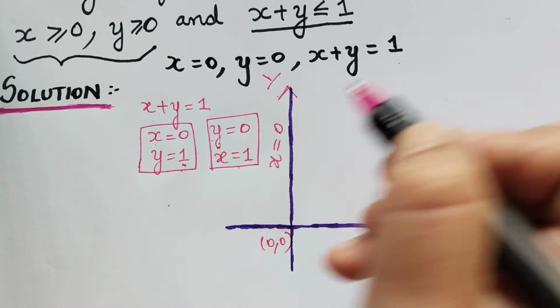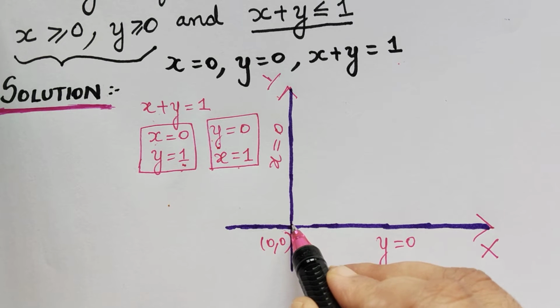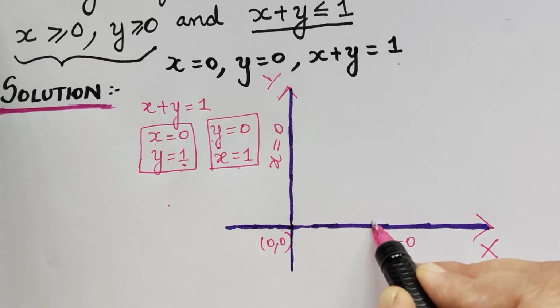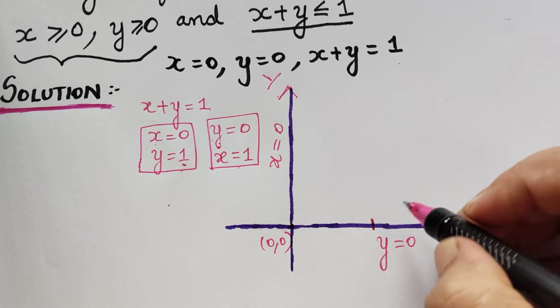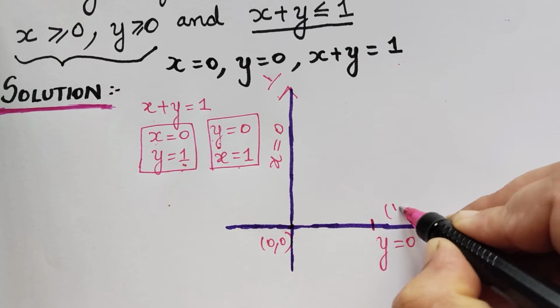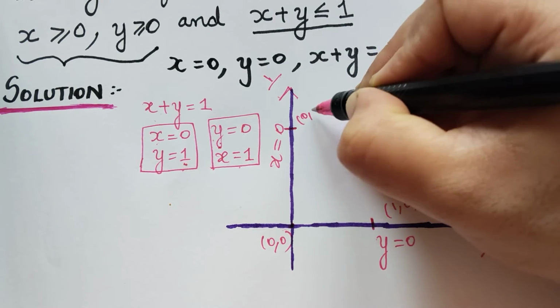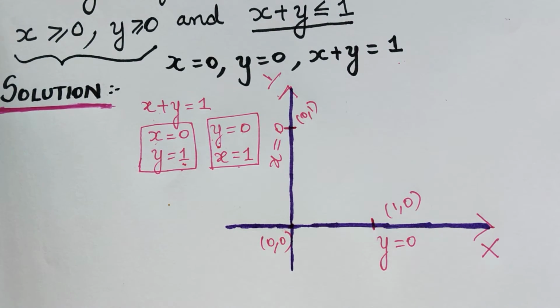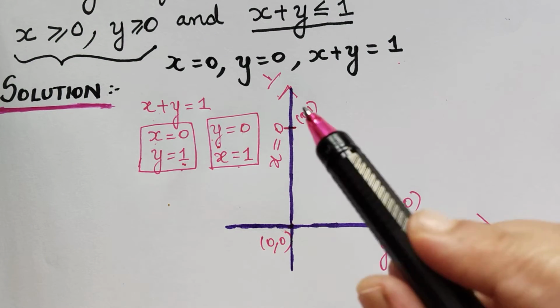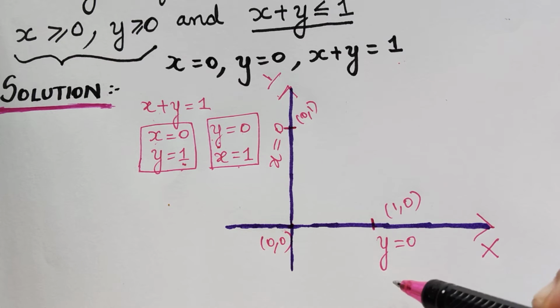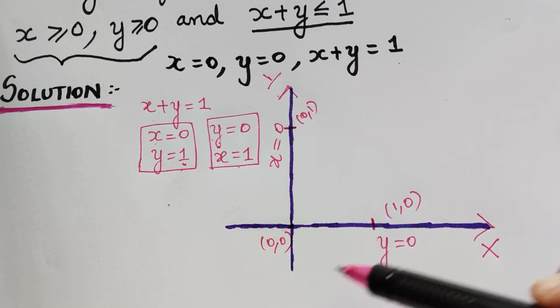Now we can plot these points. Here is the origin, and you can take (1, 0) over here and (0, 1) somewhere over here, on the x-axis and y-axis. I'm not drawing it geometrically, so the measurements may be wrong, but this is how the line will be.